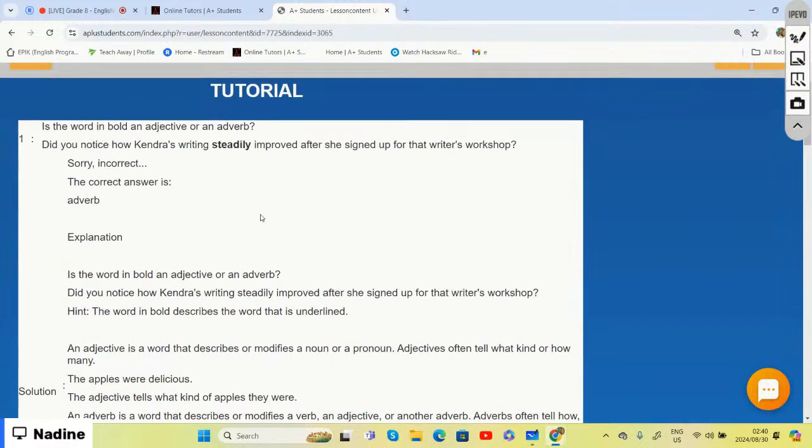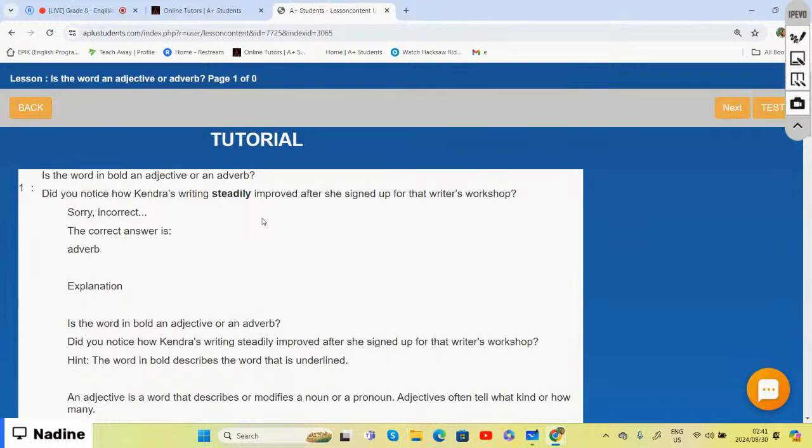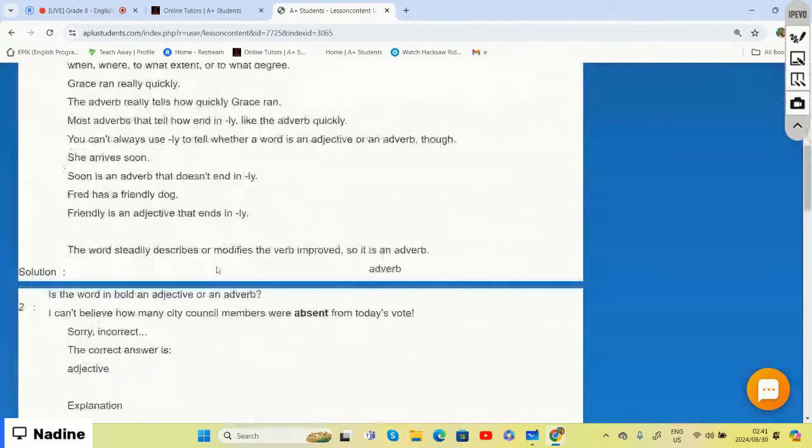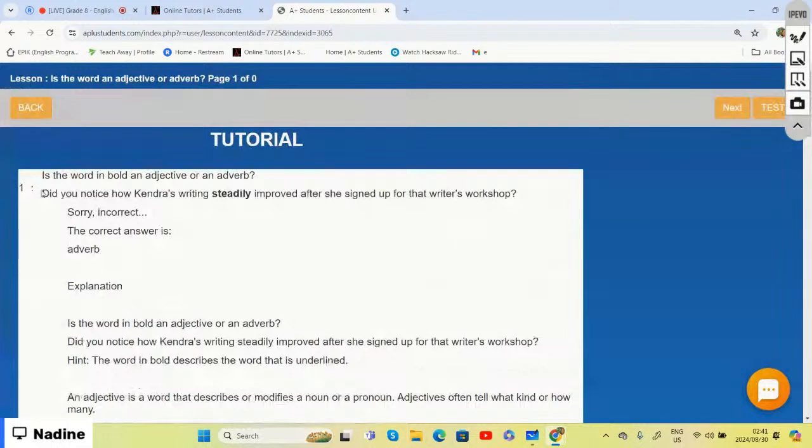All right. So we're going to look at first two activities and then we are going to go to our test. It says, did you notice how Kendra's writing steadily improved after she signed up for that writer's workshop? So the word steadily, we need to say if that word is an adjective or if it is an adverb.